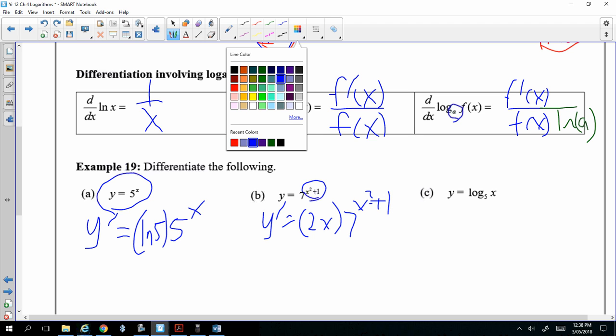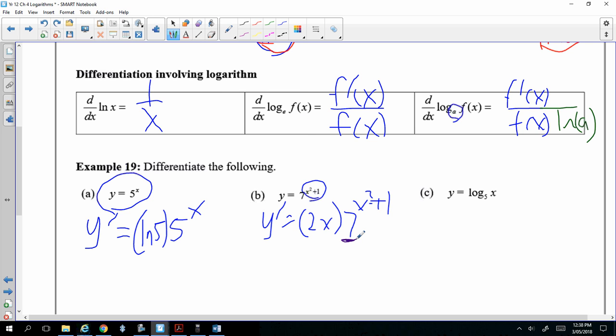And the last one, you can just use the change of base law. I think it's preferred you just write it like this. Log base 5 of x is ln x over ln 5, like that, and then differentiate. Okay, differentiate, get 1 over ln 5 at the bottom, times by the derivative of that, which is 1 on x.